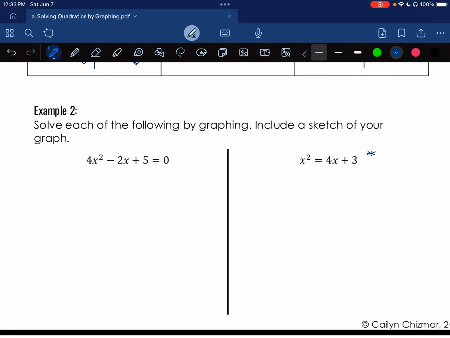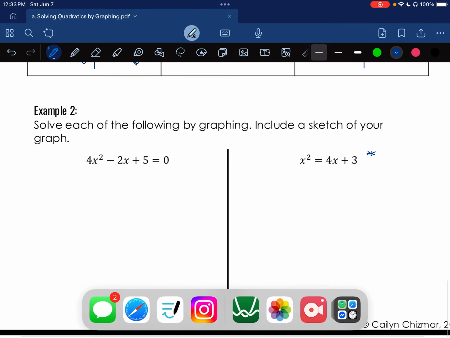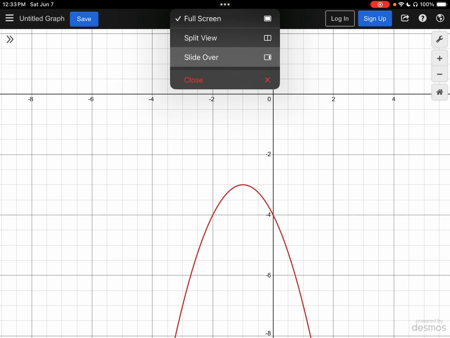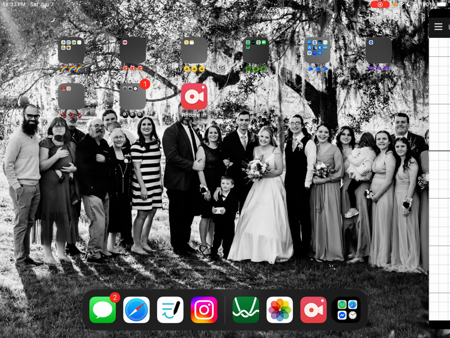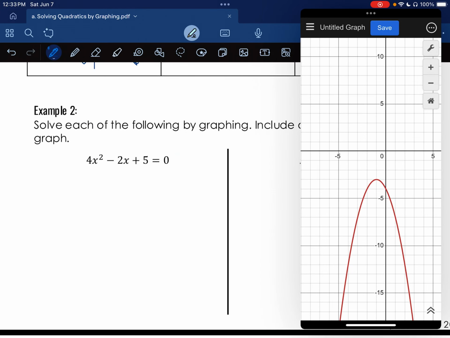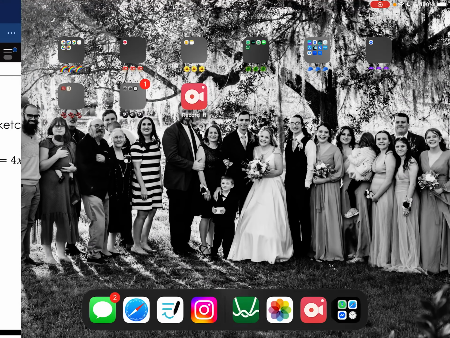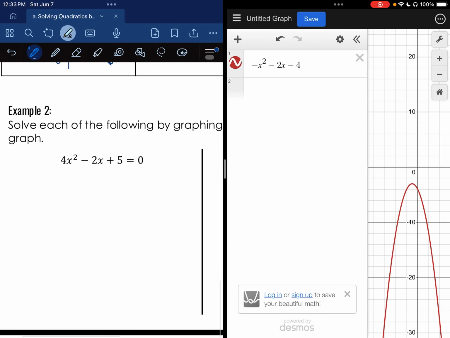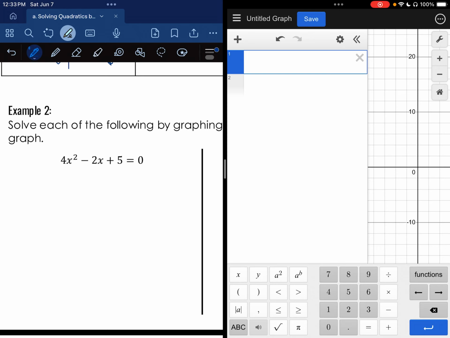All right, so this one here. Oops, I meant to split my screen. What am I doing? All right. Okay, so here we go. 4x squared minus 2x plus 5.